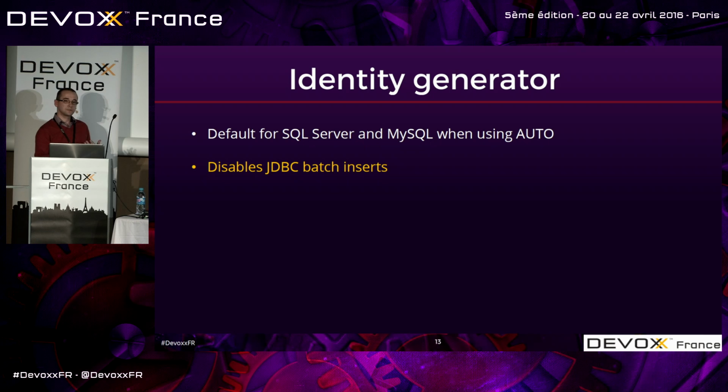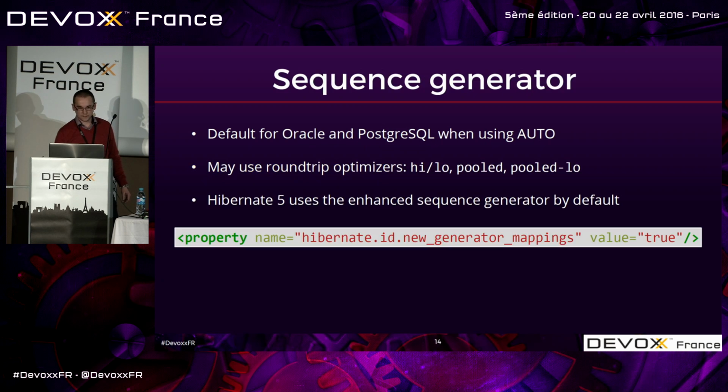But it needs to know the ID, because when you cache it, the key is composed out of the type and the identifier. And unfortunately, for identity columns, you have to execute the statement in order to know the ID. So that's why it disables the JDBC batch inserts.